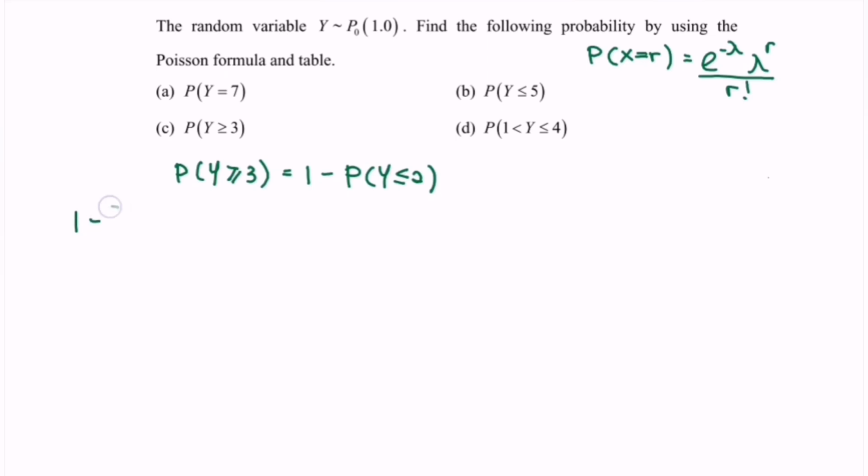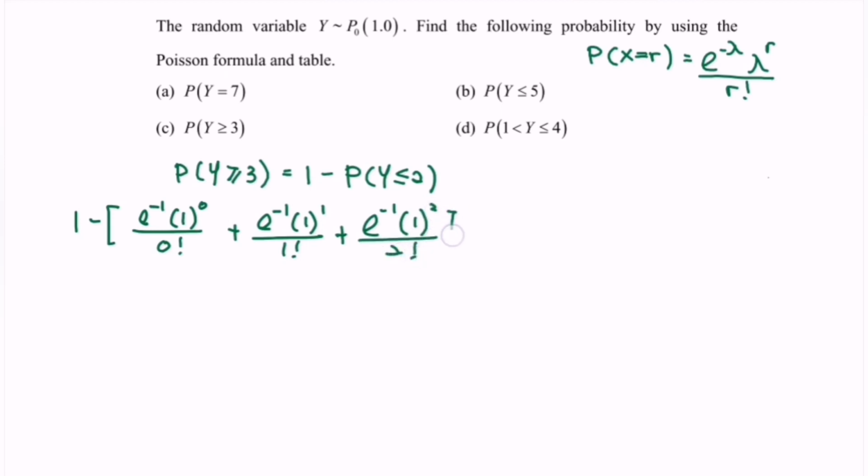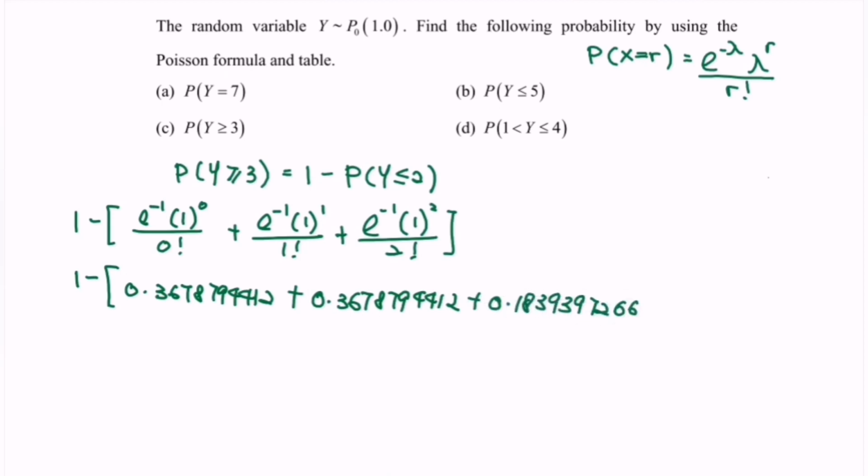So 1 minus bracket, where we have e to the power of negative 1, 1 to the power of 0 over 0 factorial, plus e to the power of negative 1 multiplied by 1 to the power of 1 over 1 factorial, plus e to the power of negative 1, 1 to the power of 2 over 2 factorial. So kindly determine the value. If we sum up the situation, we will have 0.0803. So that will be the answer for C.